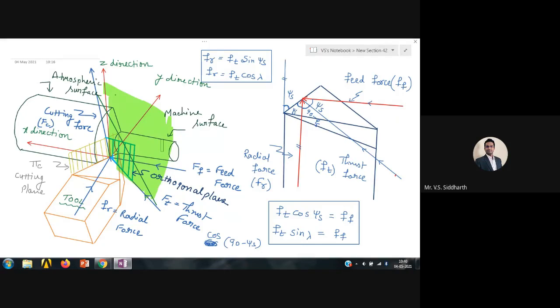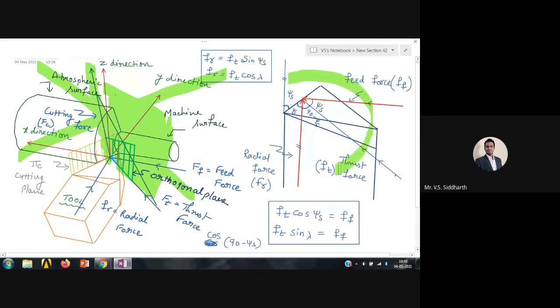But here you see that there is a small problem. The Fc force is getting offset with the z-axis by some angle. So since it is not lying in the z plane, or it is not coinciding with the z plane, then what is the problem? That you can't find the resultant.